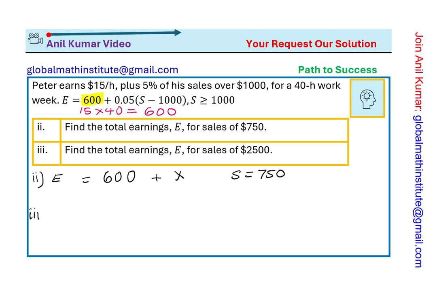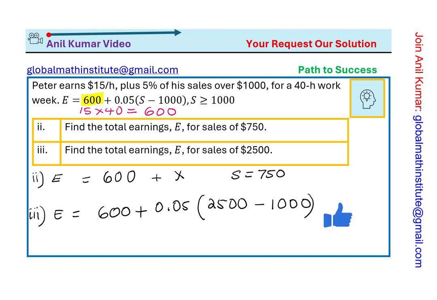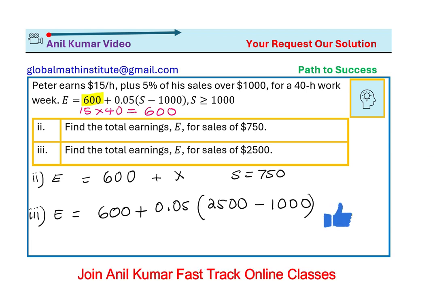But in the third part, the sales is more than 1000, so it will be 600 plus 0.05 of 2500 minus 1000. That is where the equations will be different for the two cases, right?